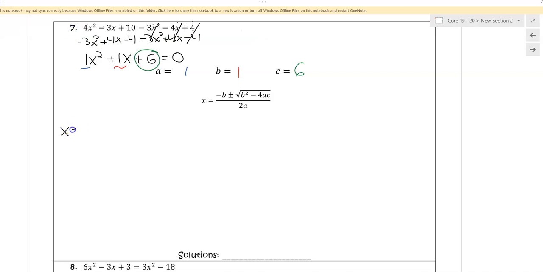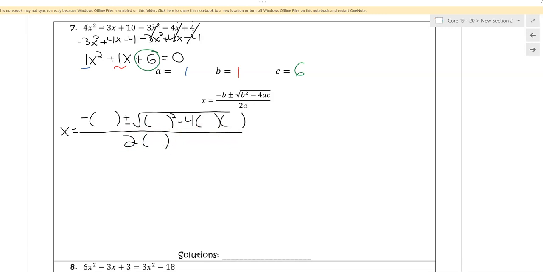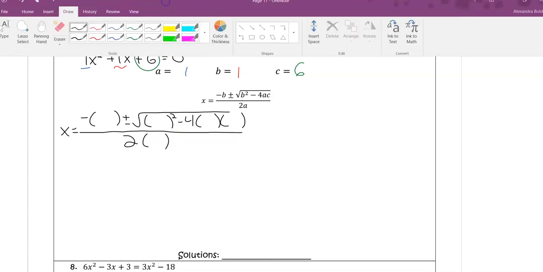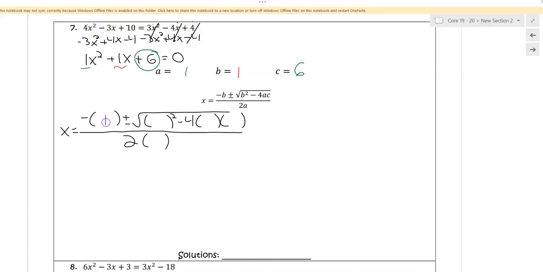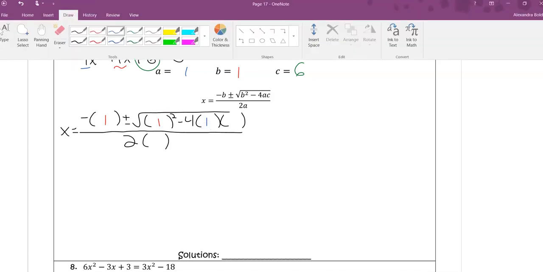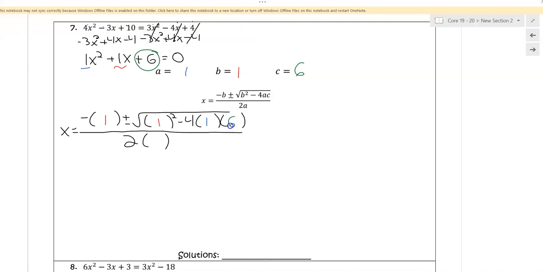Okay. So then x equals, right, the opposite, parentheses, plus or minus the square root of parentheses squared minus 4 parentheses parentheses, all over 2 parentheses. Whew. So then b comes first, which is 1. And 1 goes here. Then comes our a, which is 1. And our c, which is 6.